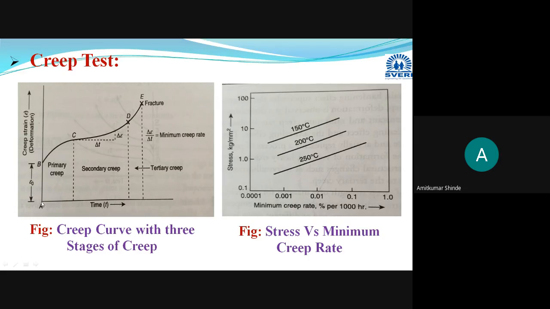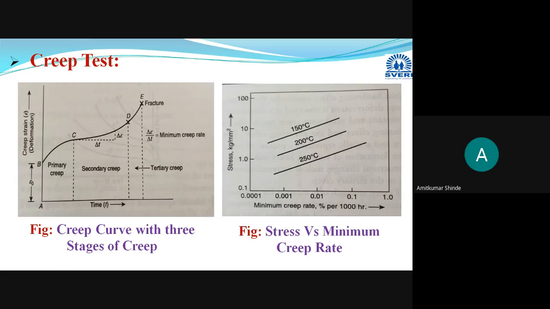When we have applied the load initially, instantaneous elastic deformation will be there. This part A to B is indicating the instantaneous elastic deformation which occurs when you apply the load initially.